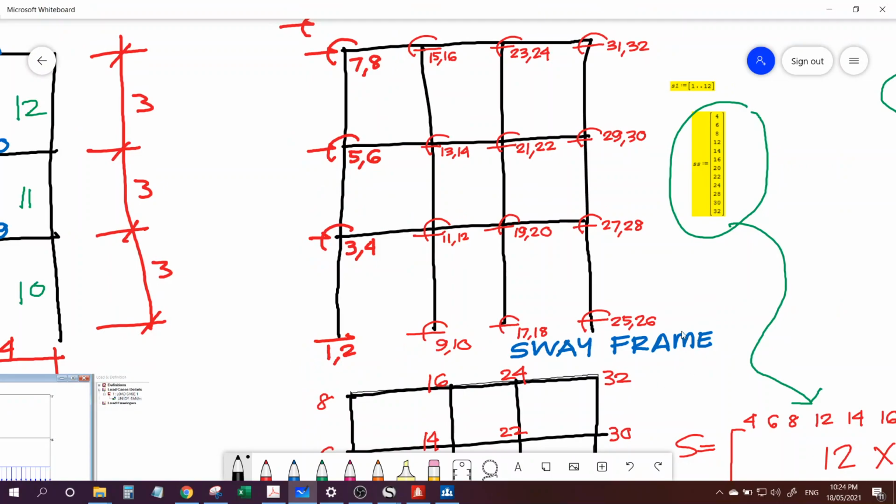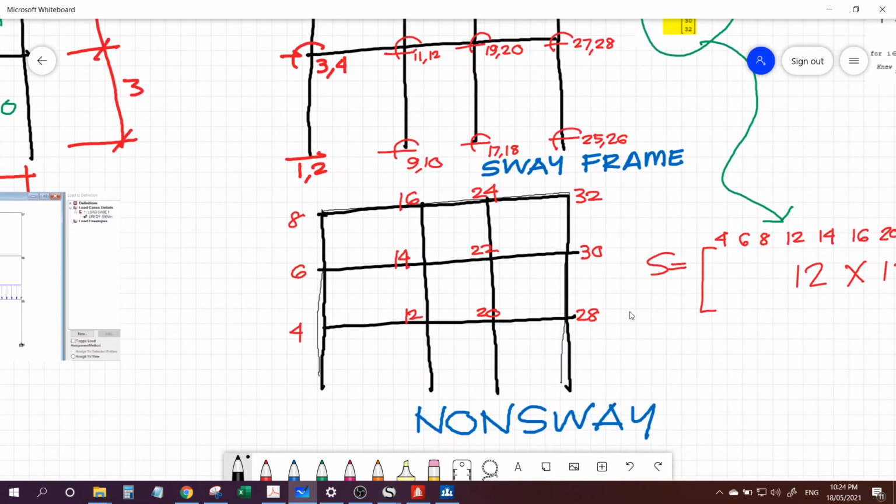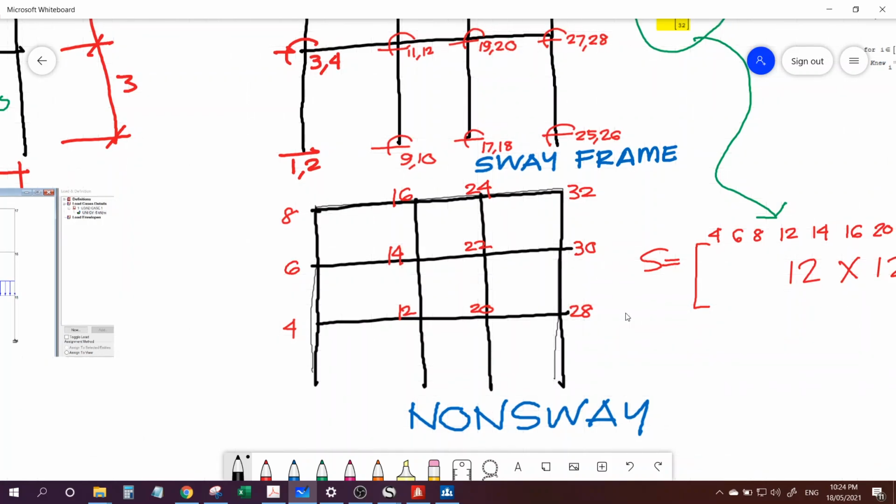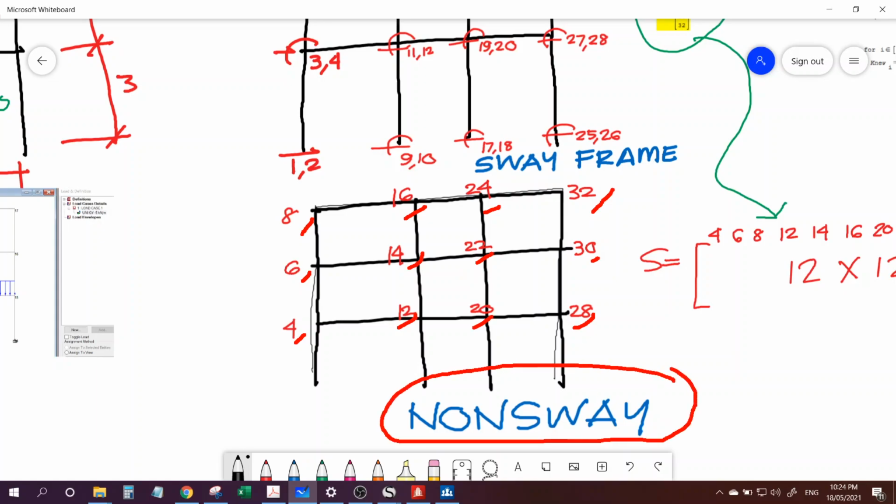Now, since we will assume it as non-sway, we will neglect the lateral degrees of freedom. So the only active degrees of freedom are 4, 6, 8, 12, 14, 16, 20, 22, 24, 28, 30, 32. So all in all, we have 3 times 4, 12 unknowns in a non-sway analysis.